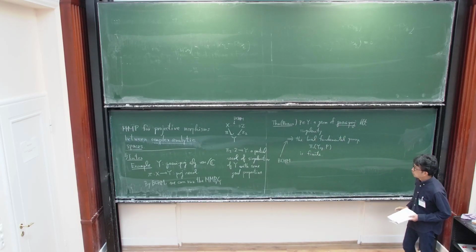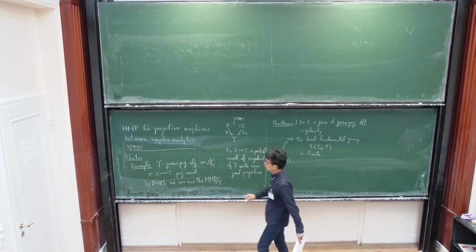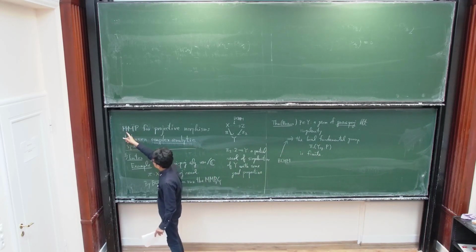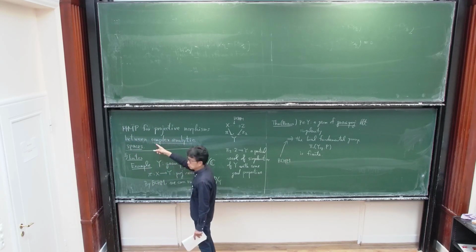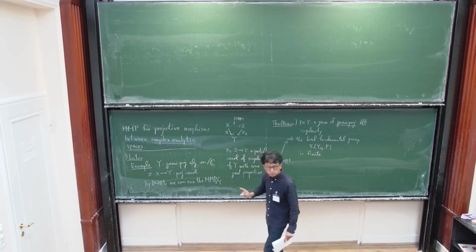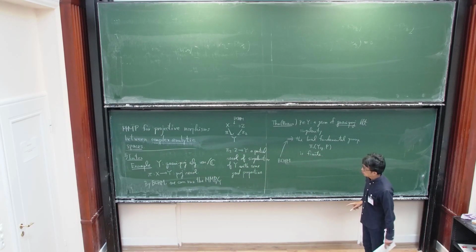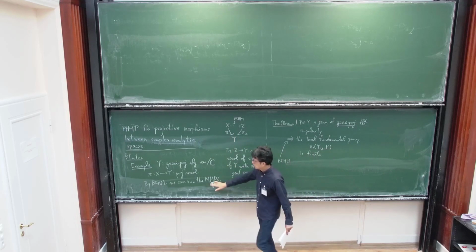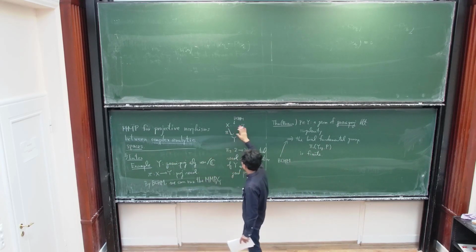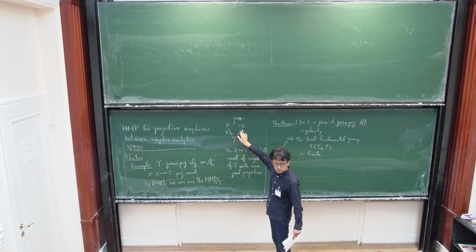Okay. So my motivation is I would like to establish a minimal model program for projective morphisms of complex analytic spaces. So if we can apply the minimal model program for complex analytic spaces, then we can use this argument in the complex analytic setting.